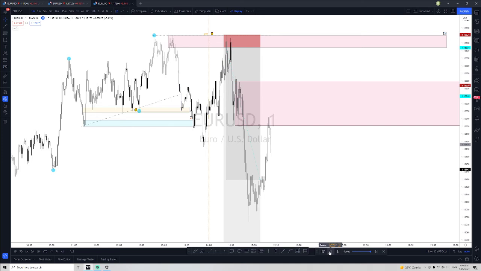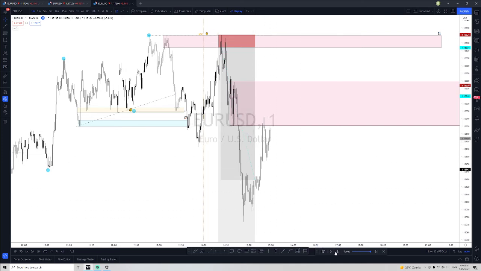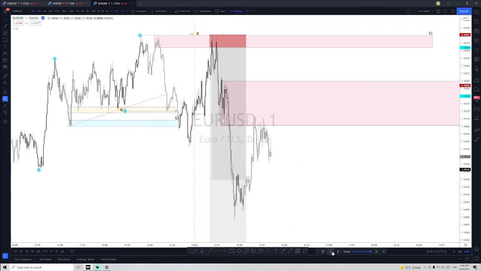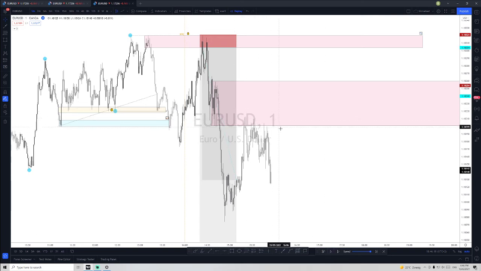But then let's see, right? Order flow point. Is it creating for me an area of liquidity? See what happens within this.